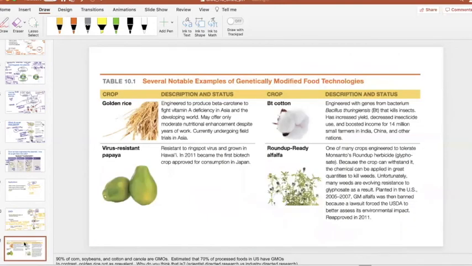Now let's look at some of the different genetically modified foods that we have actually devised. So for example, here's one called golden rice, and you can see that this rice is actually golden in color, and that is because it has been genetically modified to produce the vitamin beta carotene. So beta carotene is what you find in carrots to give them their orange color.